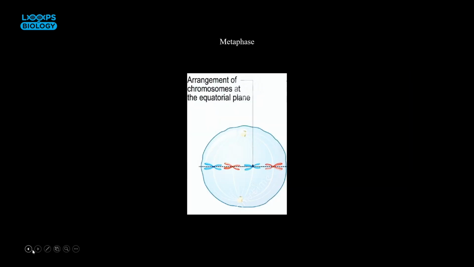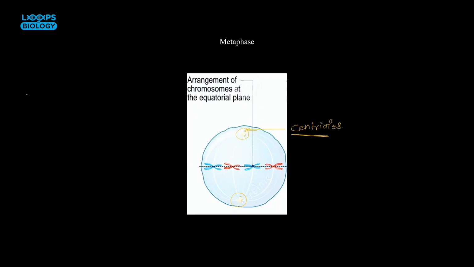Alright, this is your basic chromosome structure which is required for this particular chapter. So let's move to your next phase, that is nothing but metaphase. So in metaphase, the complete disintegration of nuclear membrane has occurred and the centrioles have reached their respective poles. As you can see here, these are my centrioles.